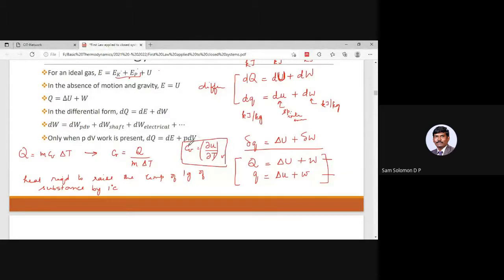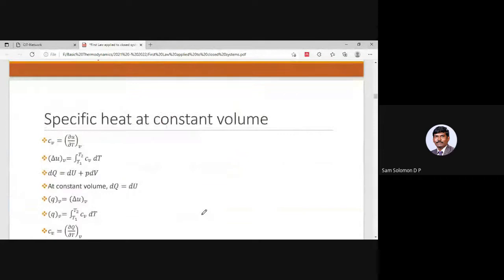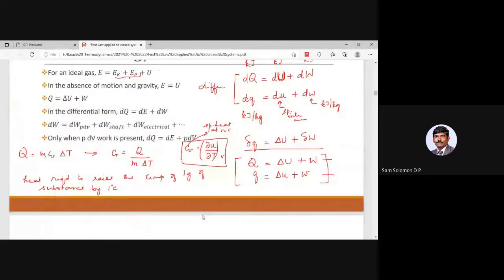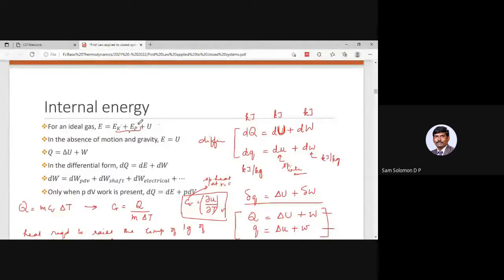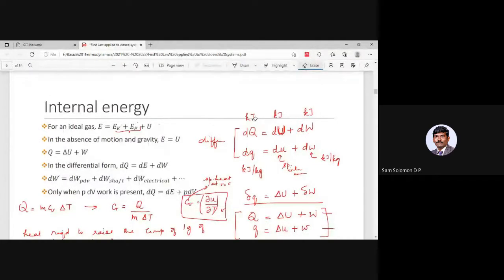So we can very well say that specific heat at constant volume is also a property, because all the terms on the right hand side are properties.